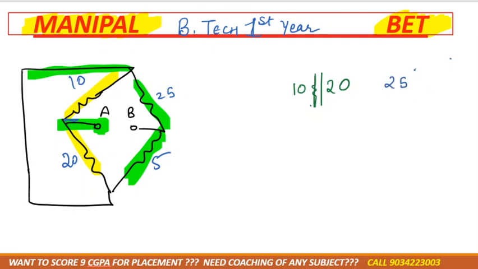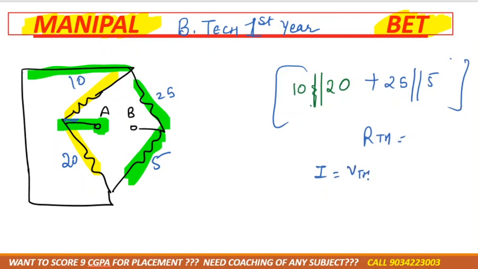Similarly, 25 and 5 are in parallel, combine them, that would be in series, and that would be your RTH. Okay, so I is equal to VTH divided by RTH plus RL. Now you can get the current. Yes or no?